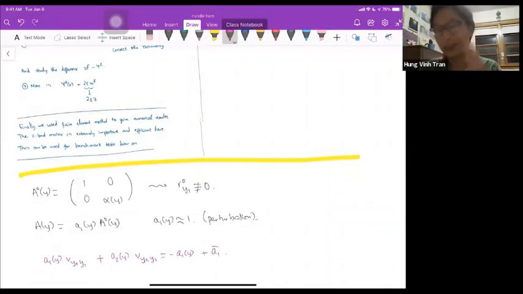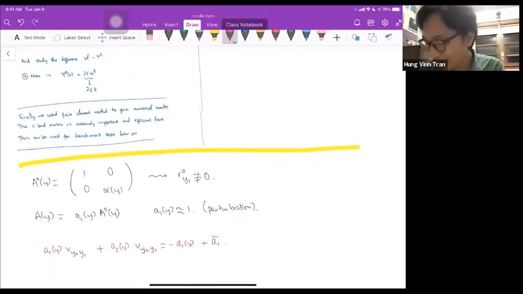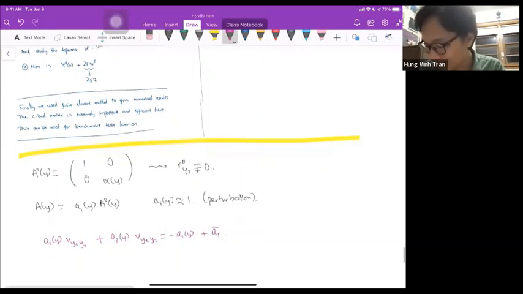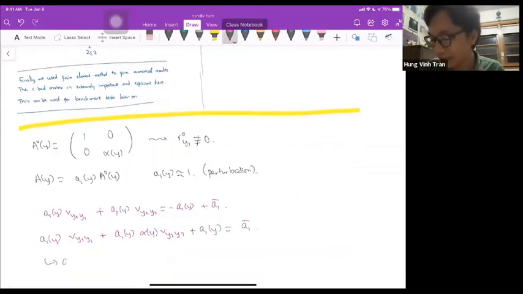Then we do it in an ad hoc or reverse way, because from here we can just write out A1 of y: A1 of y, Vy1 y1 plus A1 of y, alpha y, Vy2, plus A1 of y equals A1 bar. It suggests that we can try to start with A1 of y equals A1 bar over Vy1 y1.